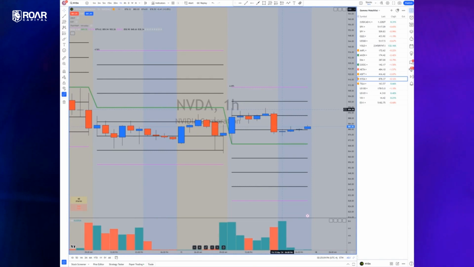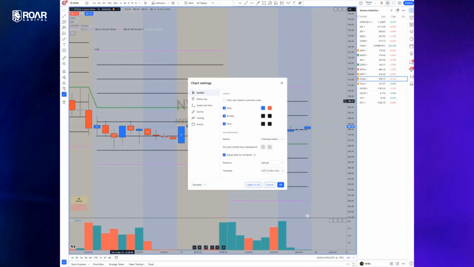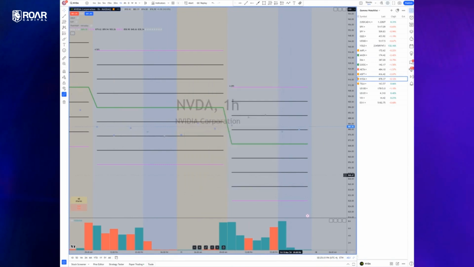If I take away the actual symbol, let's say I just take this off for a second, you'll have these levels here every day. These levels start at the open to the close. So what is it basically saying?